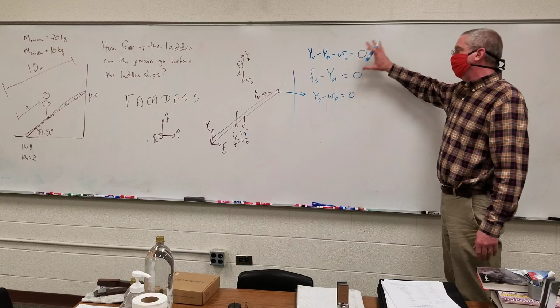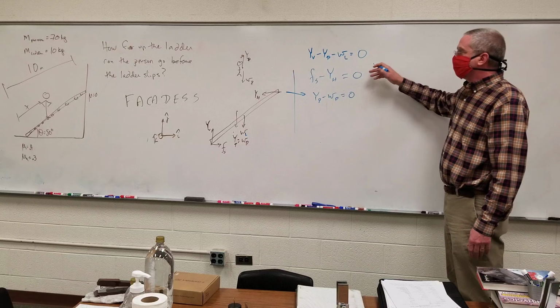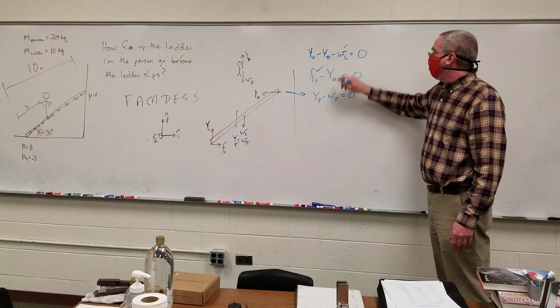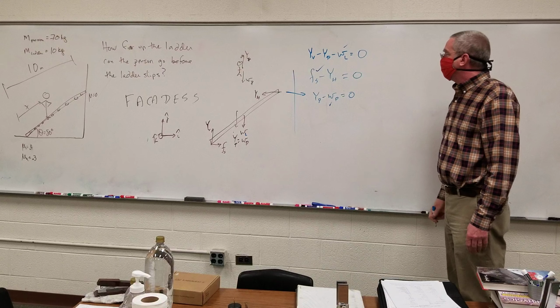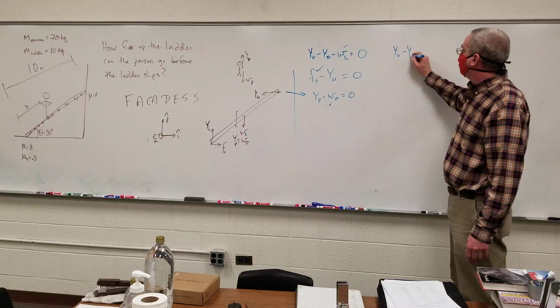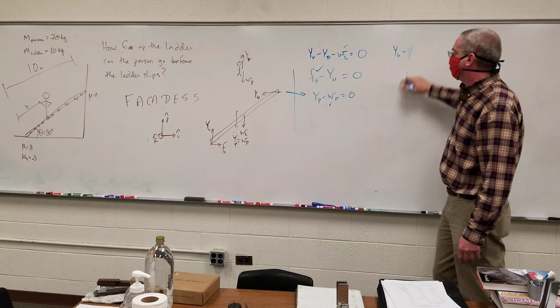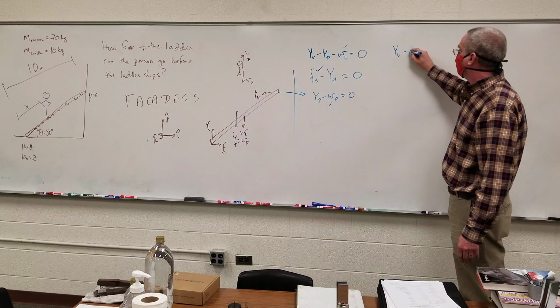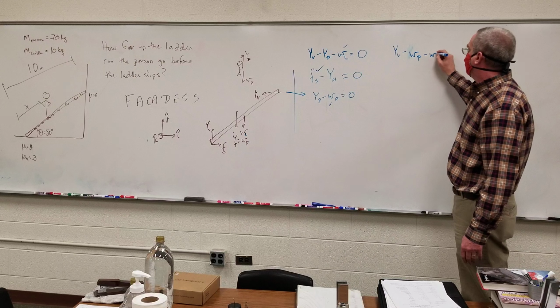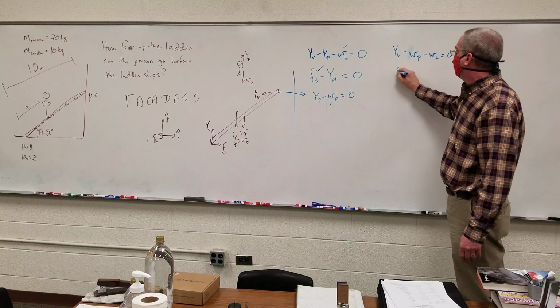All right, so let's at least solve this here. What's the next step? Substitution. I have a formula for friction, weight, and weight. So Y sub V minus Y sub V, well, from this I know it's equal to WP, so I'll make that substitution: Y sub V minus WP minus WL equals 0.